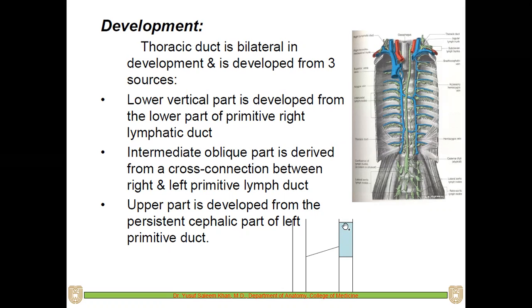So the cephalic part will develop into the remaining part of the thoracic duct. The lower part develops from the right, and the upper part develops from the left primitive duct.